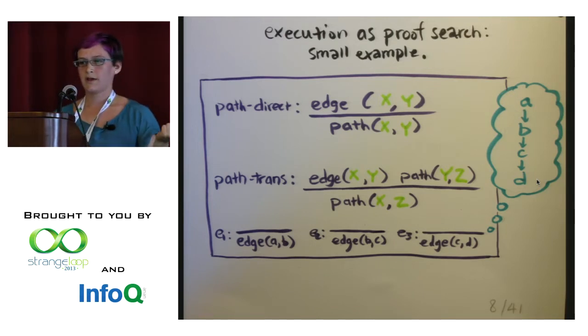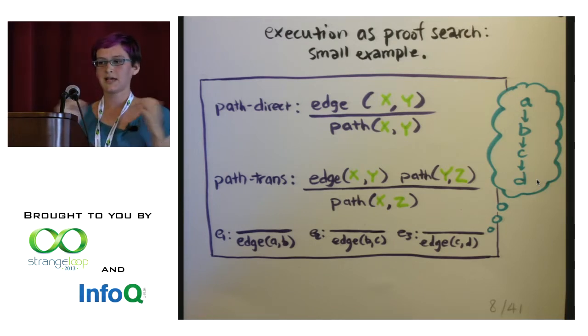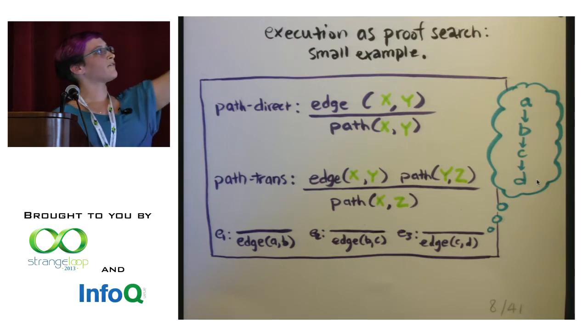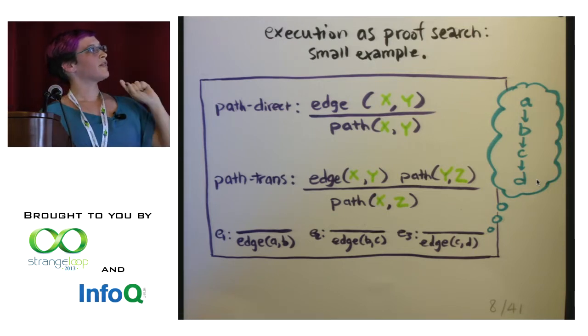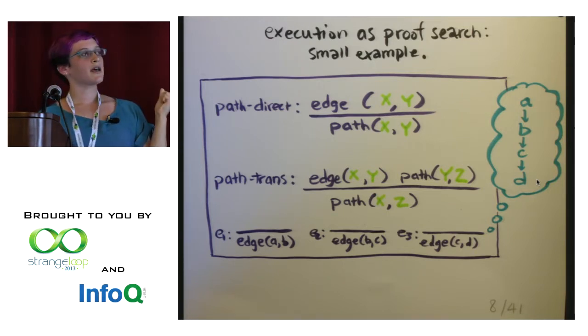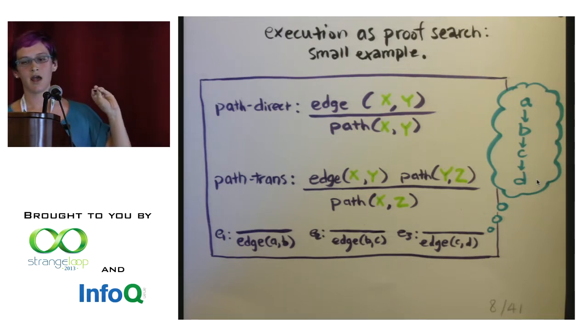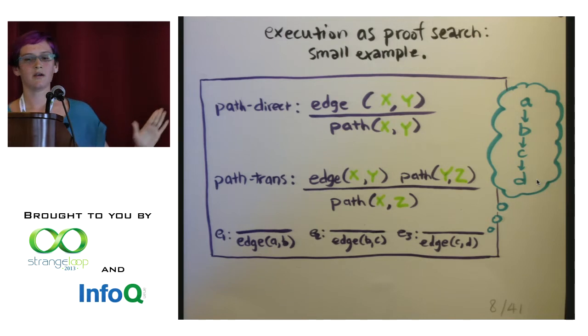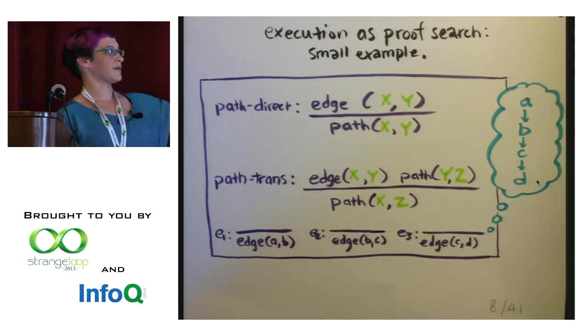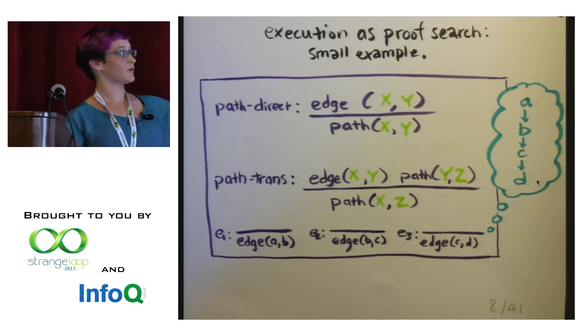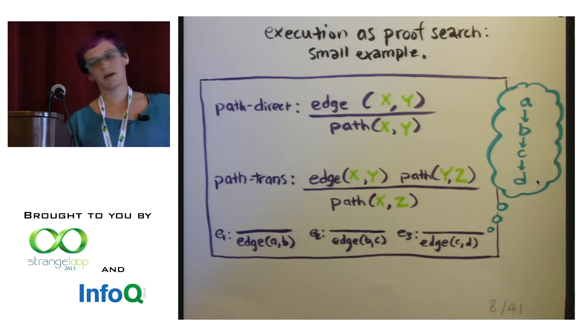And when we want to encode some test program, like this linear graph that goes a, b, c, d, we're able to encode that as yet more rules in our system, in particular as axioms that don't require anything, where we establish that there are these edge predicates between AB, BC, and CD.